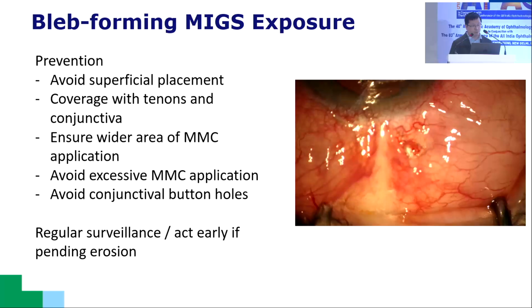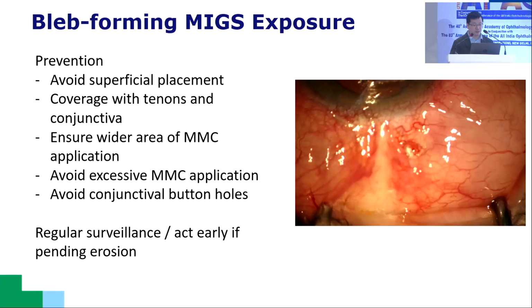You can prevent it by applying mitomycin C to a wider area rather than a localized area around the device, avoiding excessive mitomycin application, and of course avoiding a conjunctival buttonhole at the time of surgery.